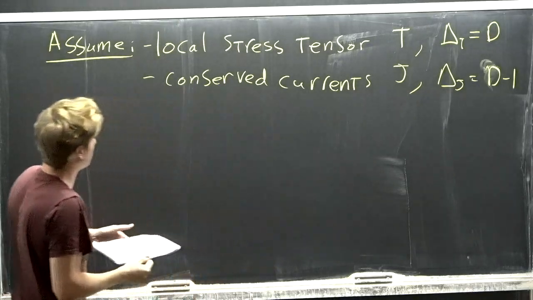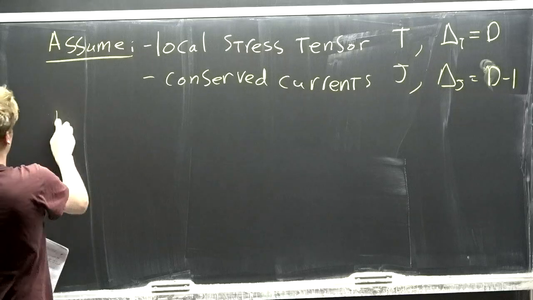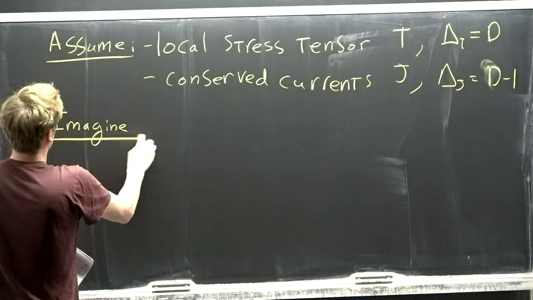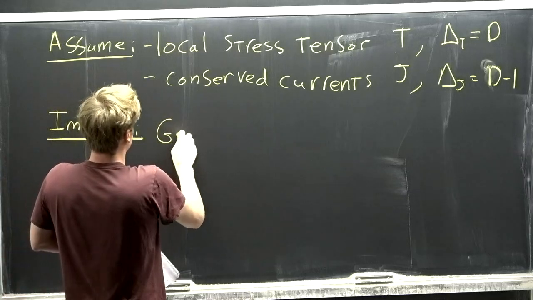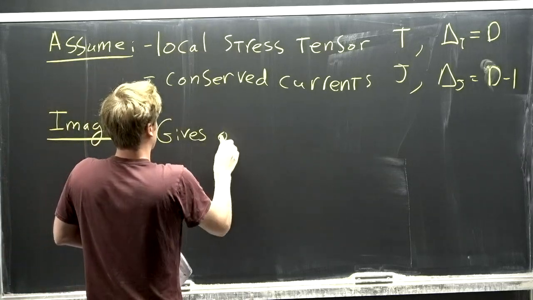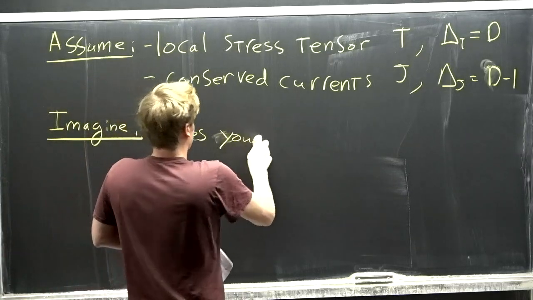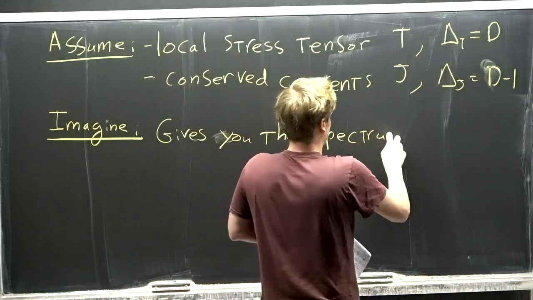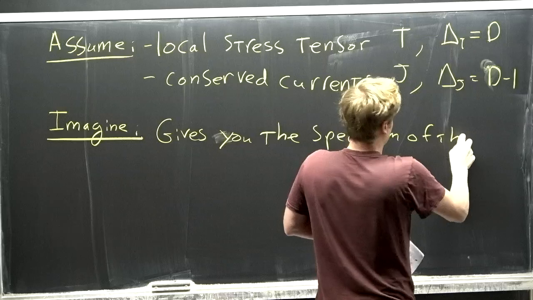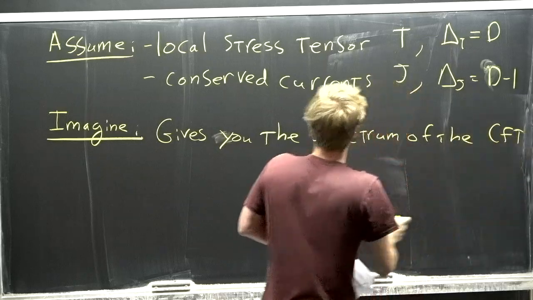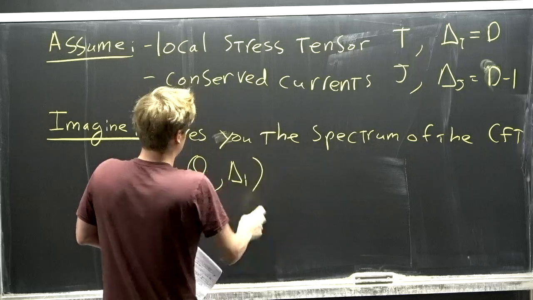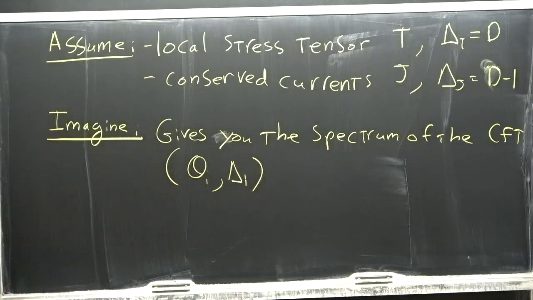For now, what we can imagine, and what we'll use, is that your friend gives you the spectrum of this conformal field theory. They give you a list of operators and anomalous dimensions.